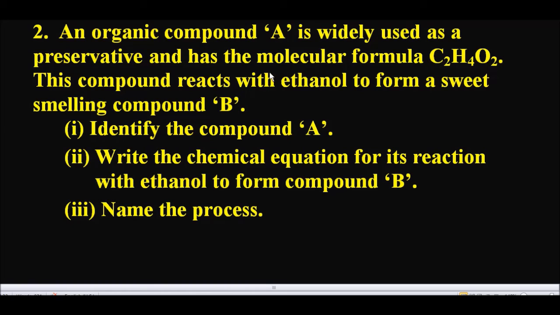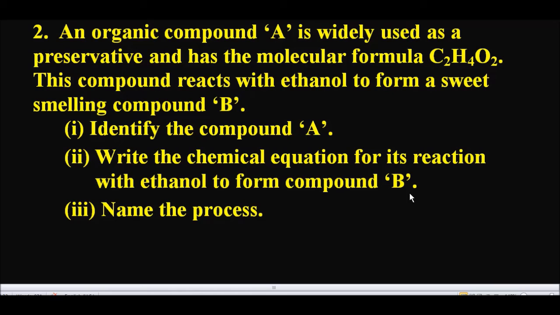Question number 2 in the hard part: an organic compound A, widely used as a preservative, has the molecular formula C2H4O2. This compound reacts with ethanol to form a sweet smelling compound B. We are asked to identify compound A, write the chemical equation for its reaction with ethanol to form compound B, and name the process.